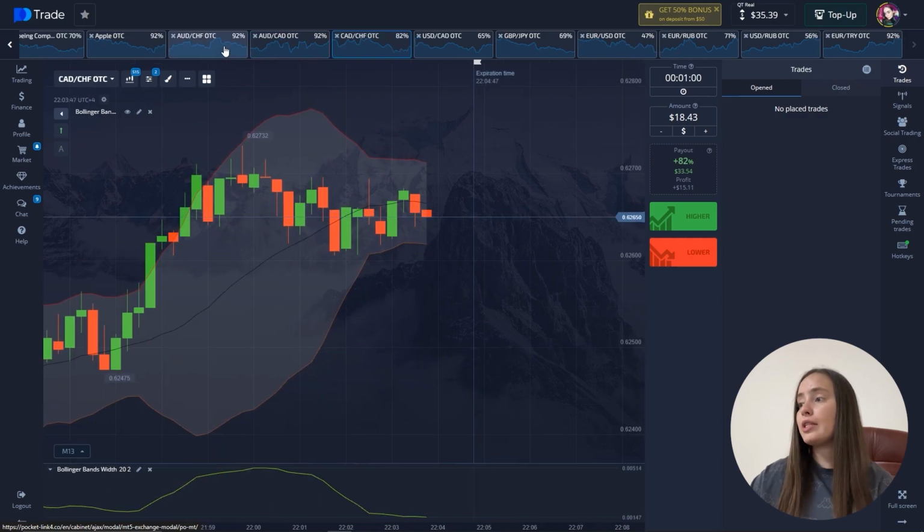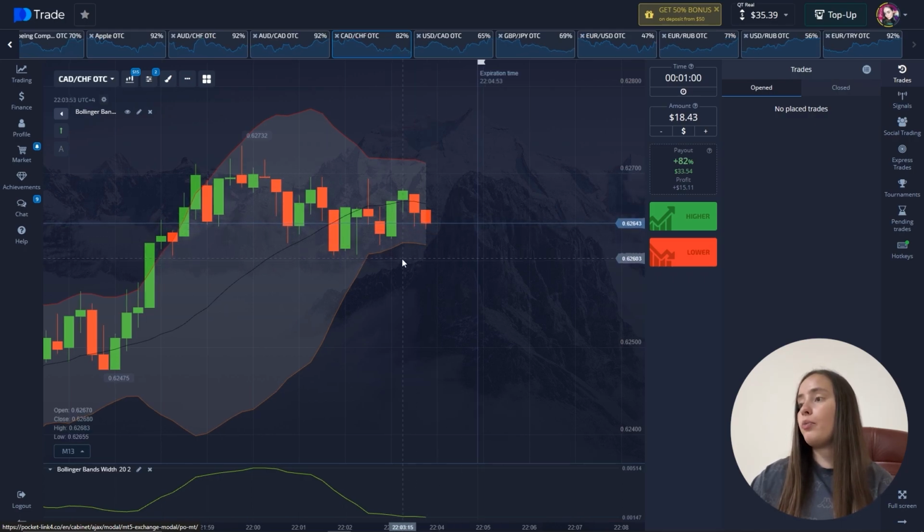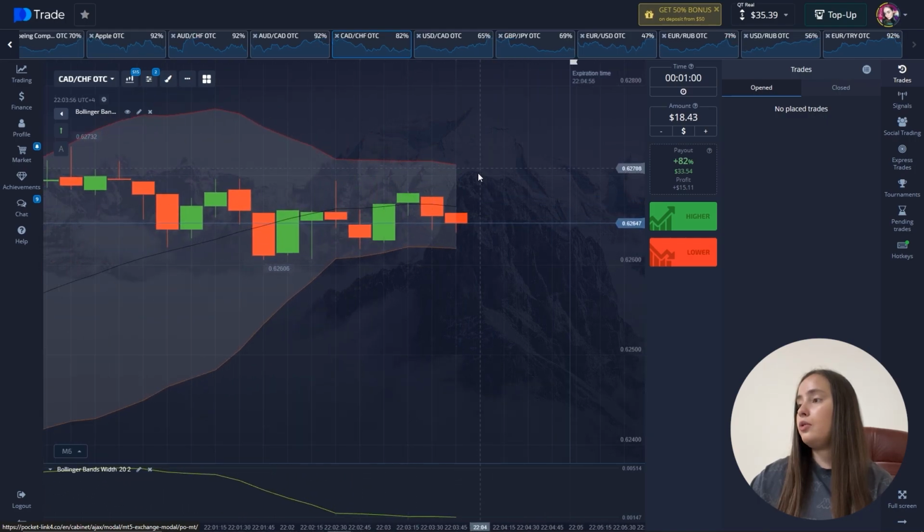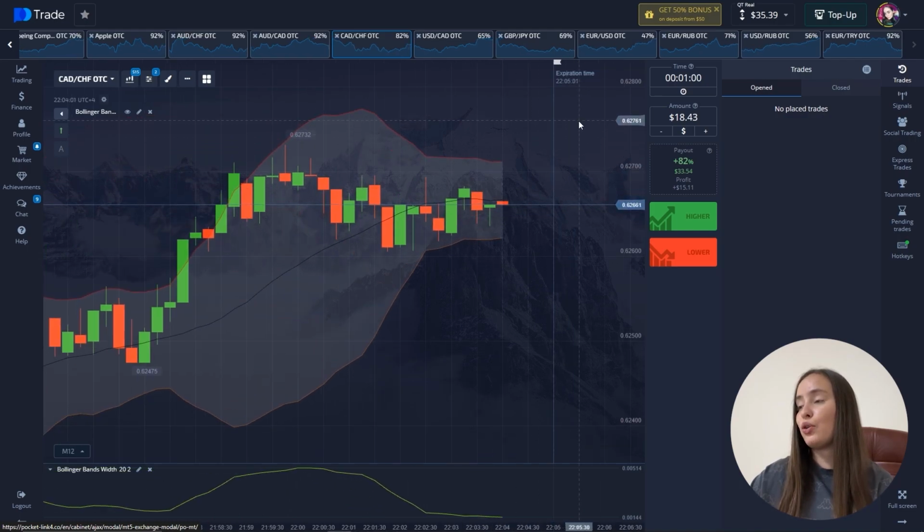So we are approaching the middle line now, and we need a little lower. So here, let's open a trade at this point. So the deal was successfully closed, $700 on the balance.